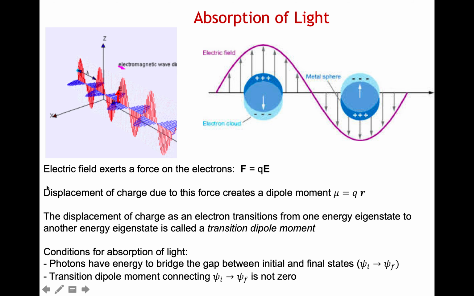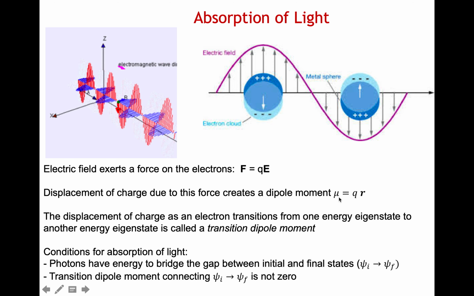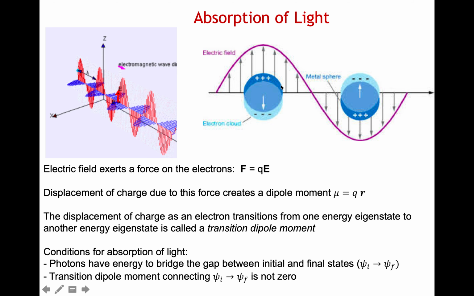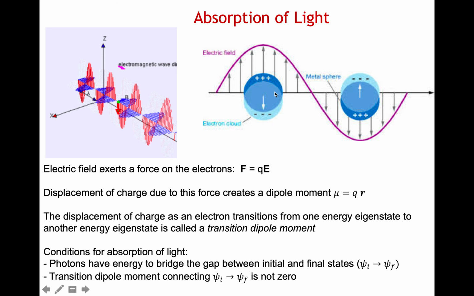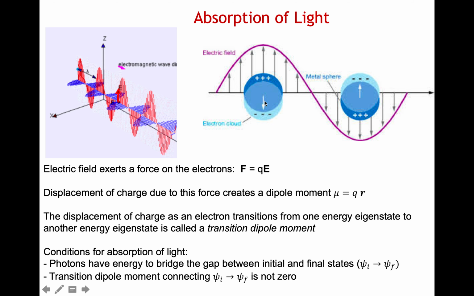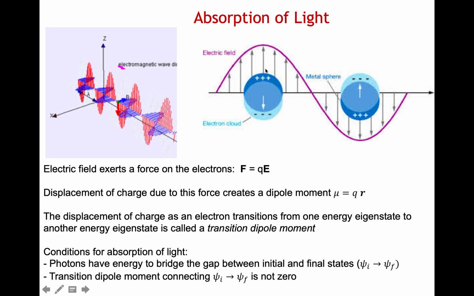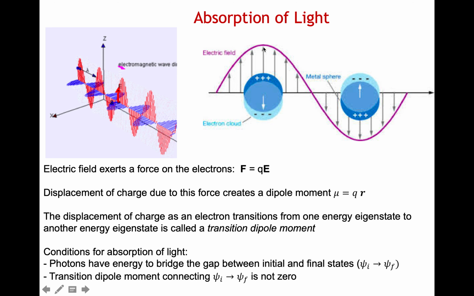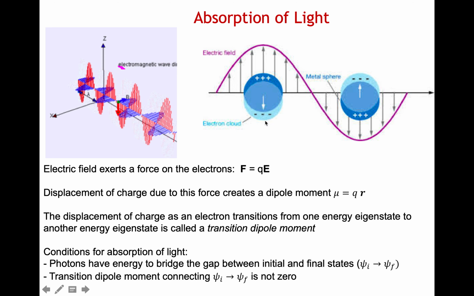And so what happens because of that force is that the charged particles in your material are displaced. Meaning if I look at this glob of material, which might be a reasonable model for an atom, or a nanoparticle, or a molecule, at the points in time where the electric field is strong and positive, the force on the electrons is going to be pointing along the negative direction.